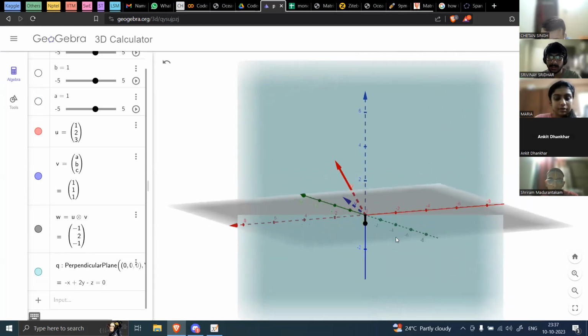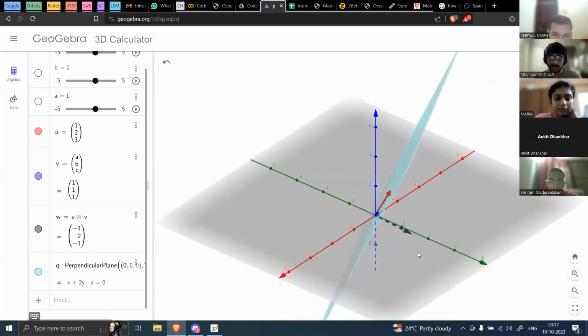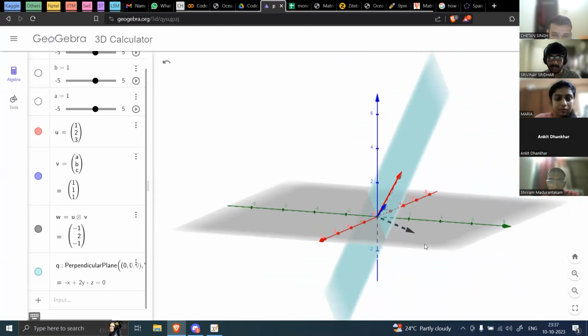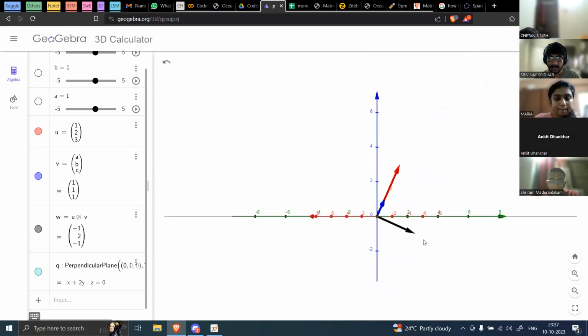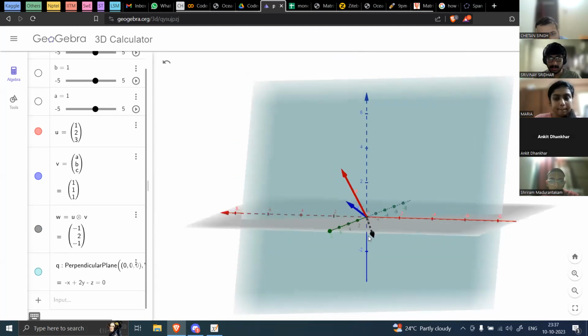And now we wanted to find a perpendicular to it. Now we can scale that perpendicular to get a complete line. We have a whole line that is perpendicular to that plane, I mean a whole line of vectors.